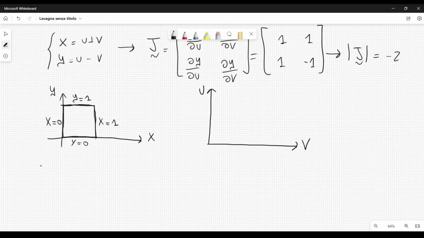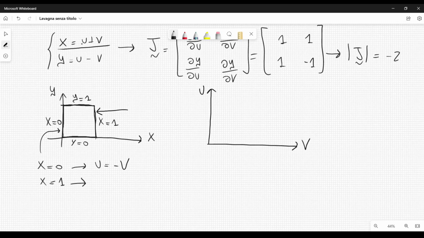Now let's see. If x is equal to 0, this line here will transform. And you can find the transformation from here, because x is equal to u plus v. So if x is equal to 0, we have u equal to minus v. Then if x is equal to 1, this line here will transform.